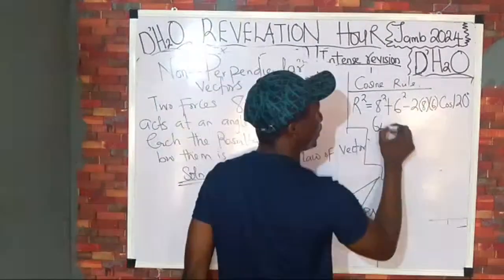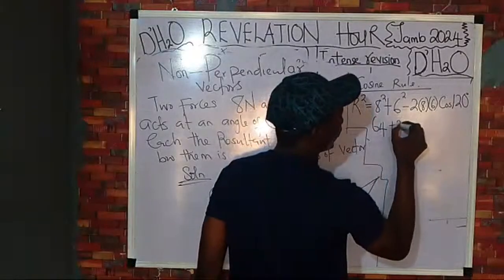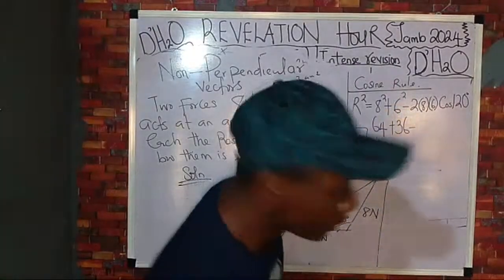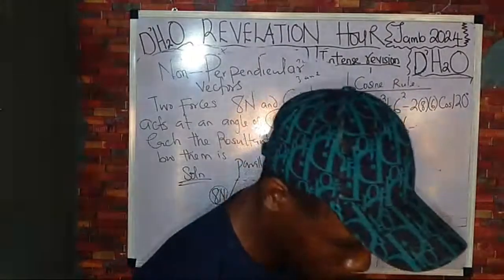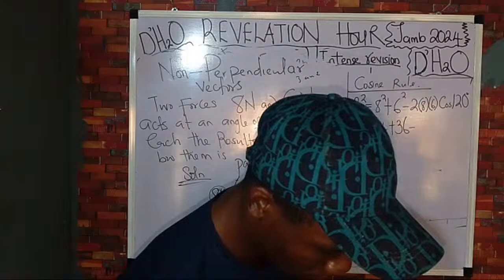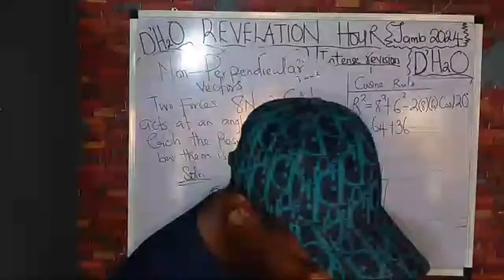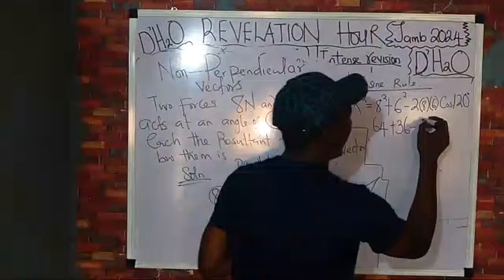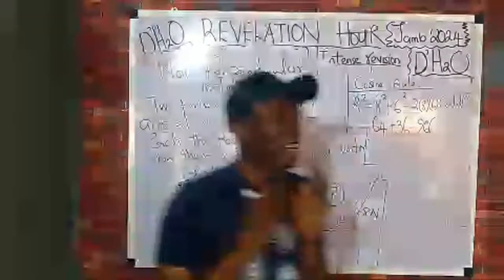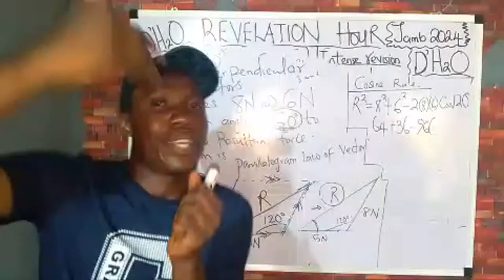Here gives us 64. Here gives us 36. Minus 2 times 8 is 16, 16 times 6 gives us 96. So you have 96 times cos 60, which is 0.5.